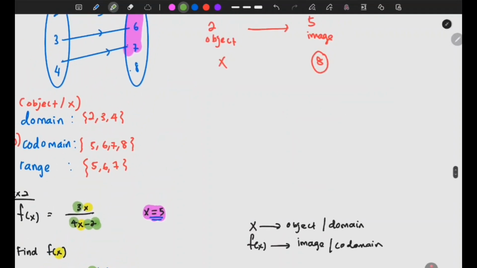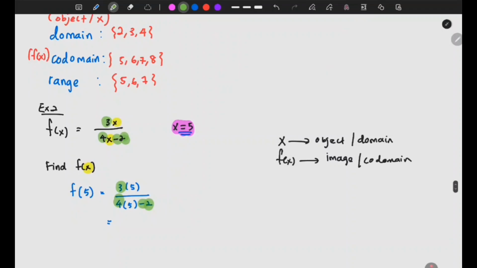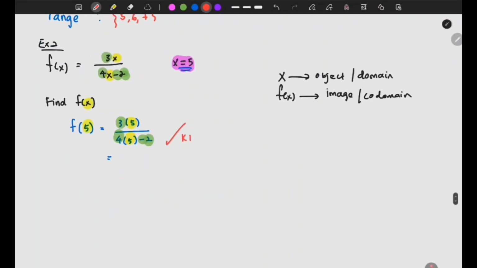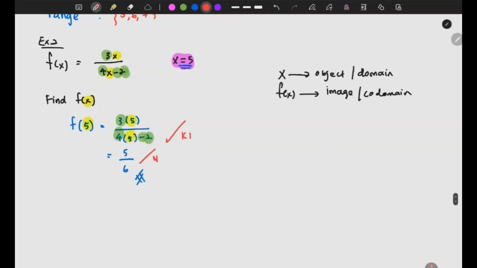Don't forget the minus. What gives you the mark is the substitution. If you substitute correctly, you will get M1. Show your substitution clearly to the examiner, and then it's easy peasy. Press your calculator and you'll get 5/6. So this will be your N1.